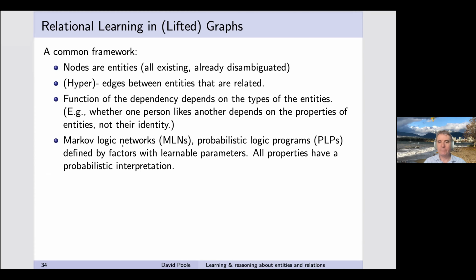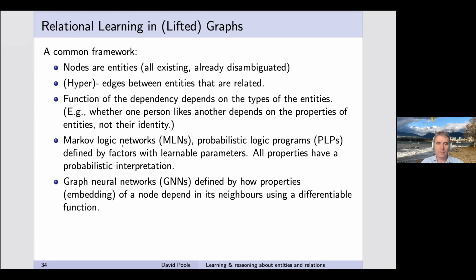Markov logic networks and probabilistic logic programs define the factors with learnable parameters, and all the properties have a probabilistic interpretation. Graph neural networks are defined by how the properties, the embeddings, of a node depend on its neighbors using some differentiable function. So in some sense, they're very similar. One is trying to have a probabilistic interpretation, and the other says, let's give up on trying to interpret these hidden variables.